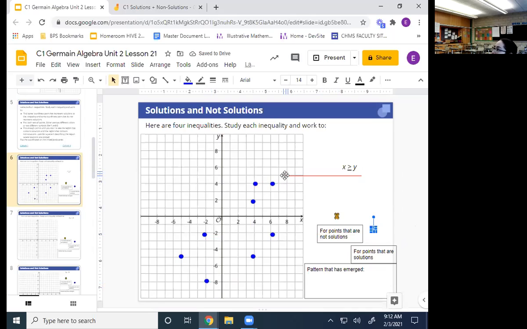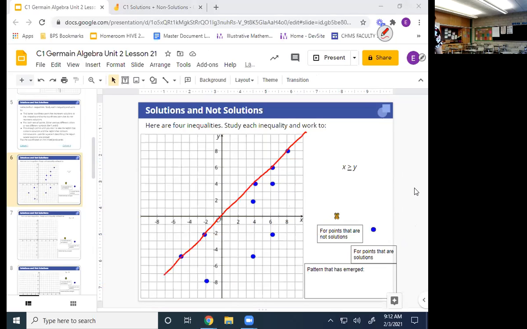You're plugging in points here, 6, 6, and you're saying any number that falls below this line here, this sort of invisible line here, would be a solution. Okay? So all of these numbers that fall below here are going to be solutions.